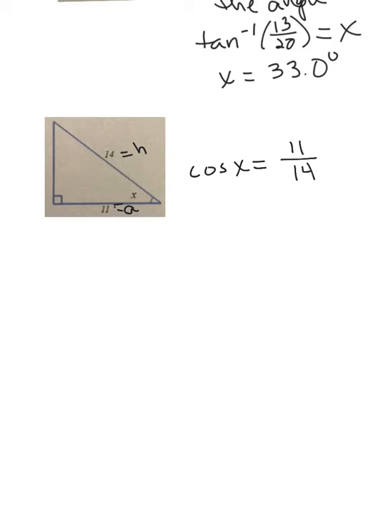Again, you're going to have to use your inverse key, so x will equal the cosine inverse of 11 over 14. When you do that on your calculator and round to the tenth, you should get 38.2 degrees.